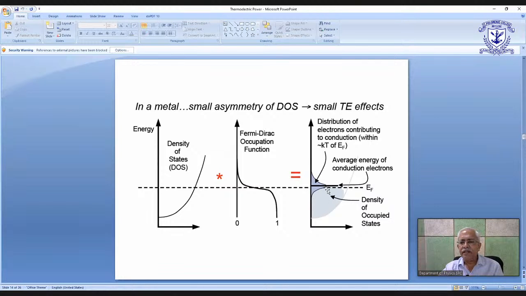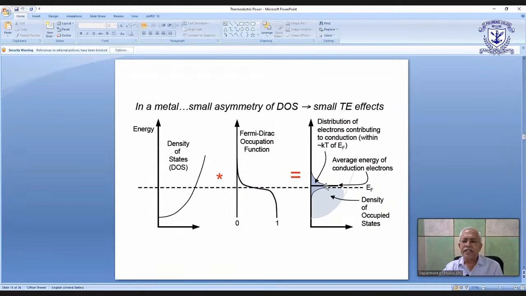You see that all this region in blue corresponds to the electrons which are available for conduction. But at a given temperature, the electrons shown in the slightly darker blue part will have more energy and they will be more free, and therefore they will contribute to the flow of current.